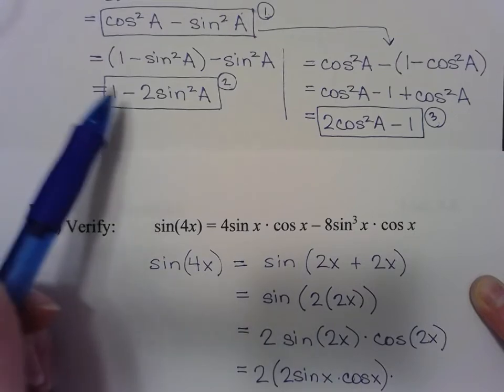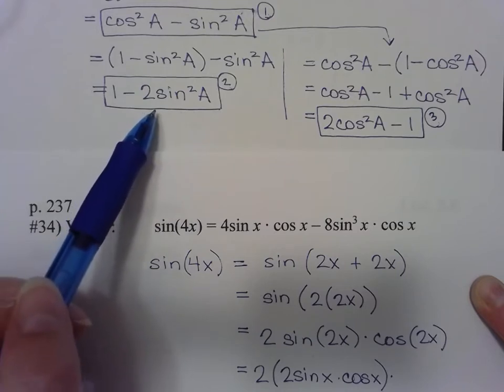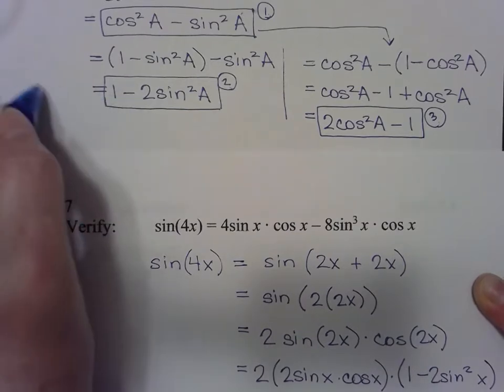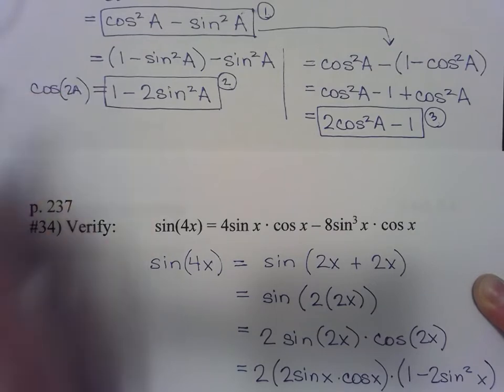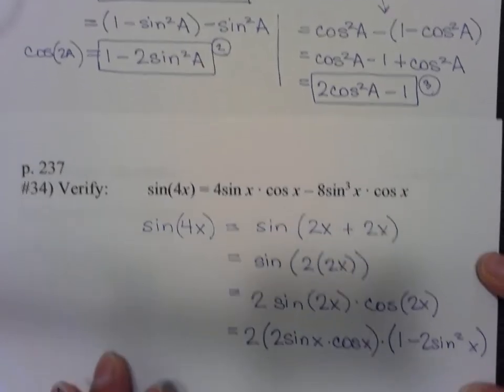So I think we really need one that only involves the sine. So I'm going to use this one. I think that might help us out the most. It's not written here, but this is equal to the cosine of 2a, so we can just use it as is, where x is our a in this case.